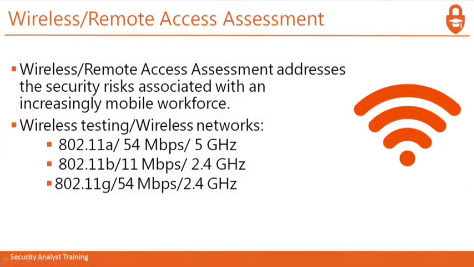The speed goes from 11 megabytes per second to 54 megabytes per second, and the frequency from 2.4 gigahertz to 5 gigahertz. This is least commonly used due to its cost, the 802.11a. It's getting more common now with businesses, but usually it's part of high-end business networks or larger organizations.